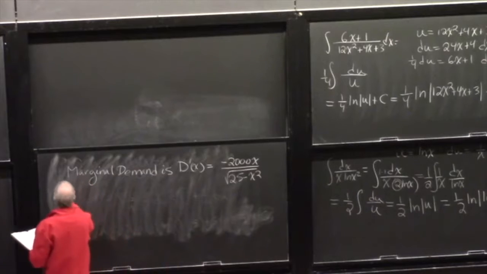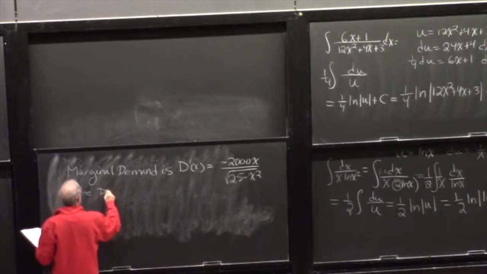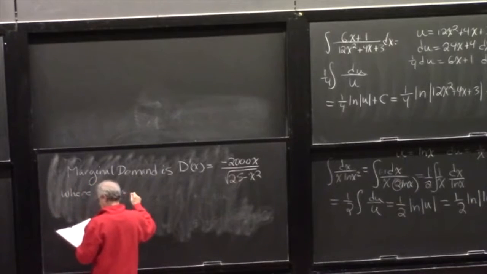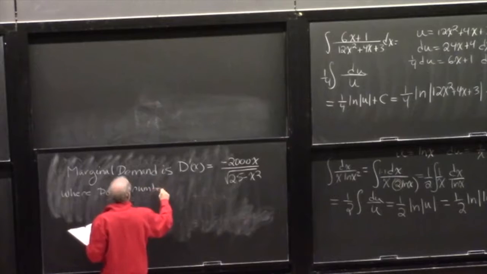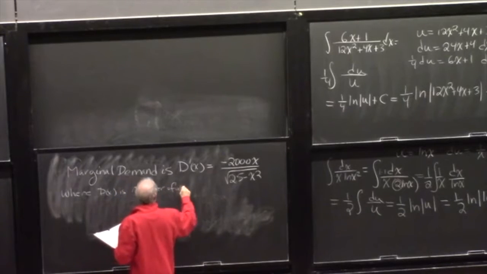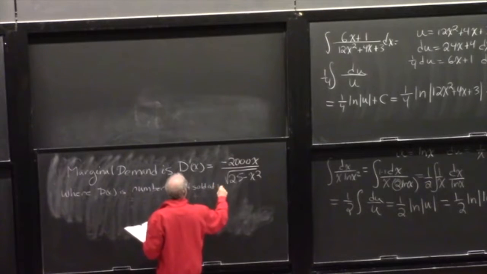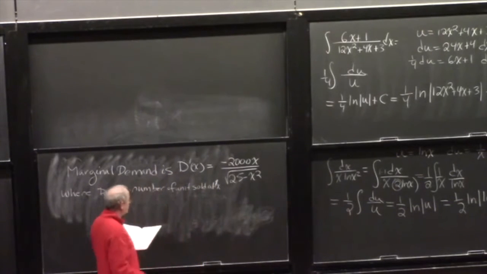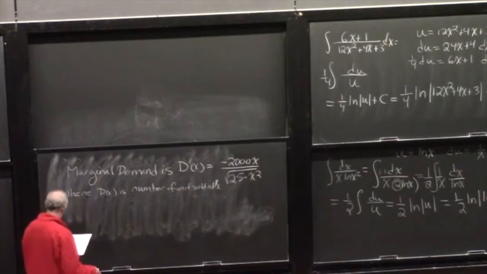Where d of x is the number of units sold at x dollars per unit. So in other words, d prime tells you how the demand is changing, where d is the number we sell at a price of whatever x is.